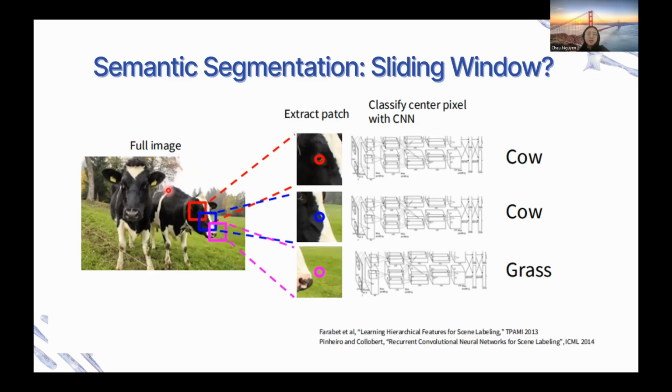For each of these, they'll take out a little square, run a classifier on each of these little patches, and then assign a predicted label to the center pixel.